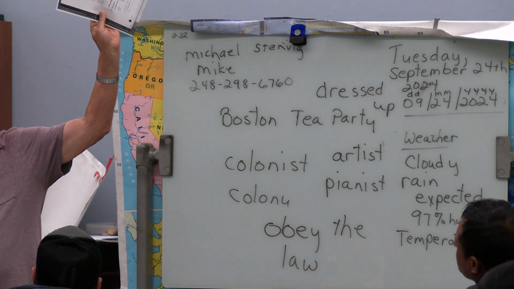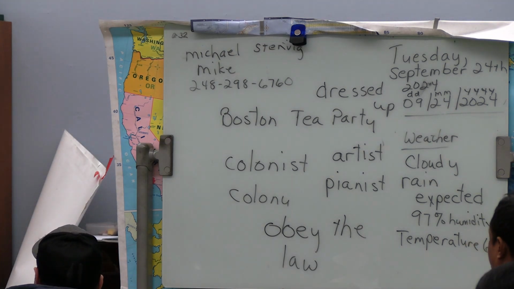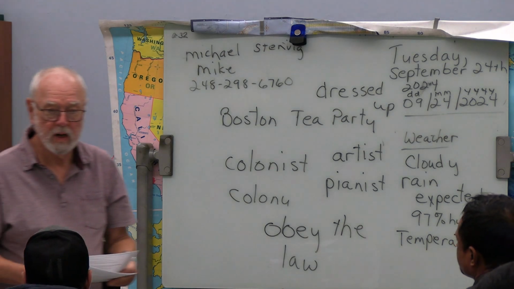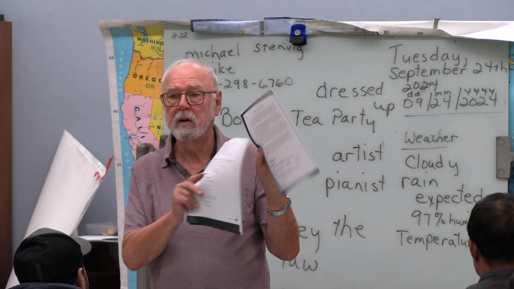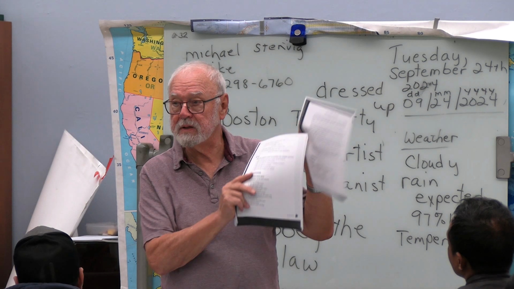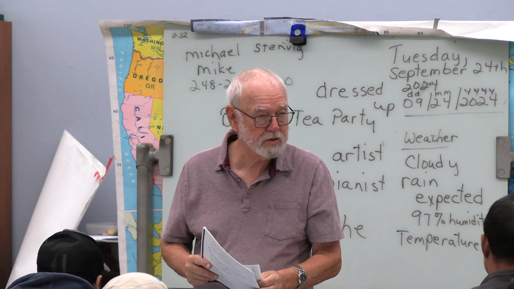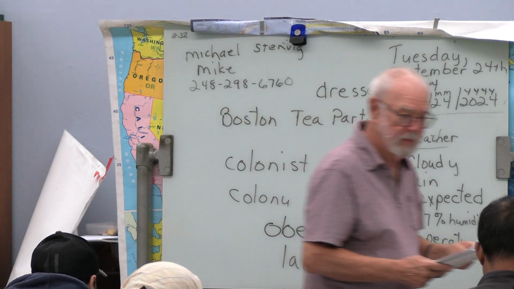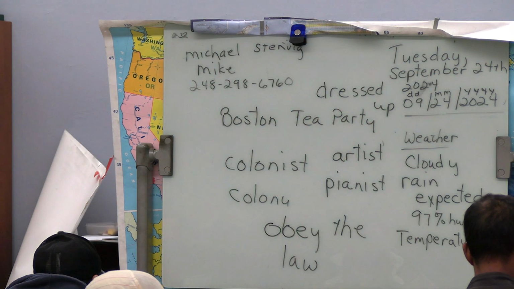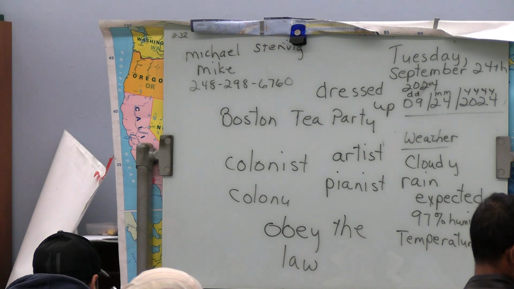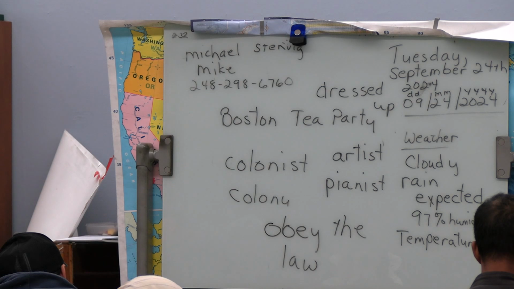Now, who has this one? Ali, do you have this one? 50 states. Do you have it? Yes or no? You have it. Sure, do you have this one? 50 states. That's it. Maya? Do you have it? No?